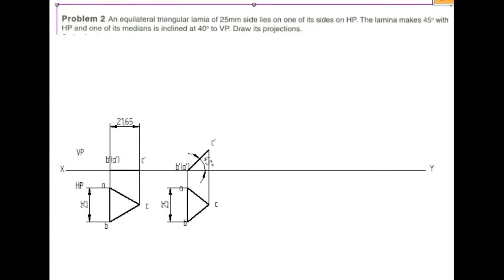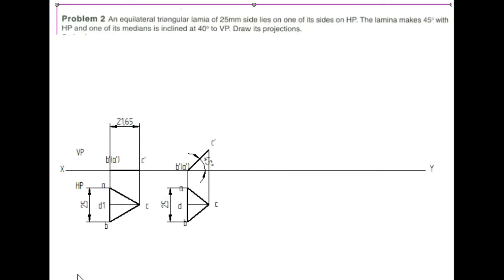A median is a line drawn to the midpoint of a side. So if you consider this line, this point will be the midpoint, and the line that is obtained here becomes the median. So for this, it is this one. When I measure the distance, I will mark this point as D1 and this point as D.